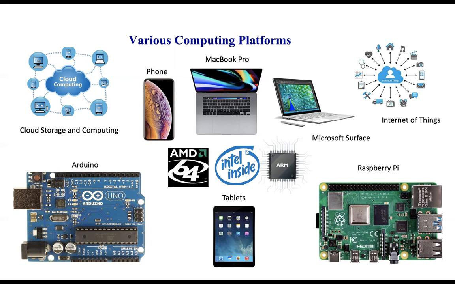In terms of phone, maybe you have an iPhone or an Android of some sort. So there's the desktop/laptop type of computing, and there are the mobile computing platforms that we have, and there are multiple processors that they have inside.